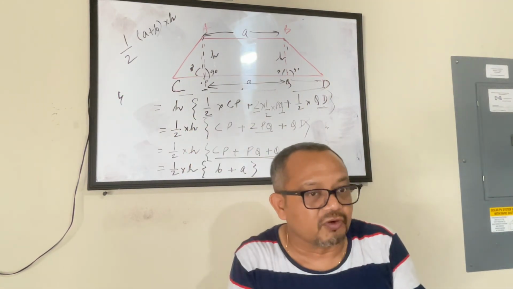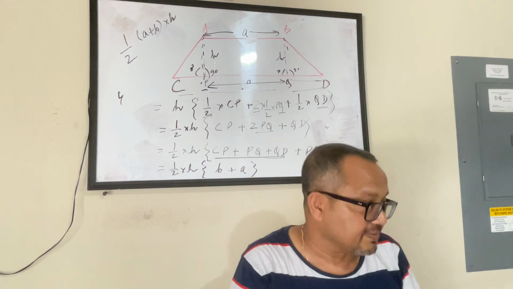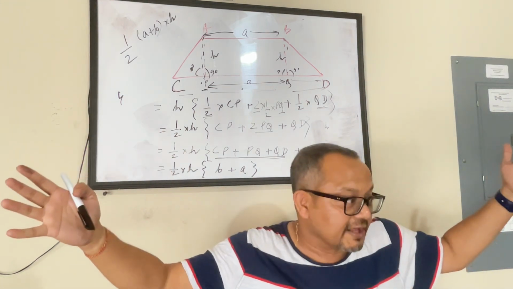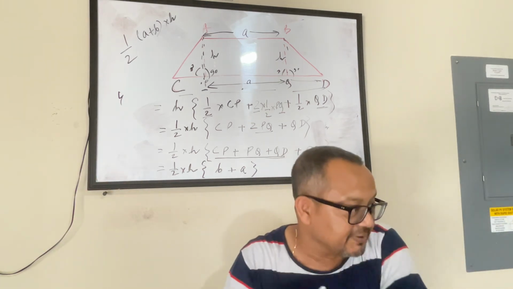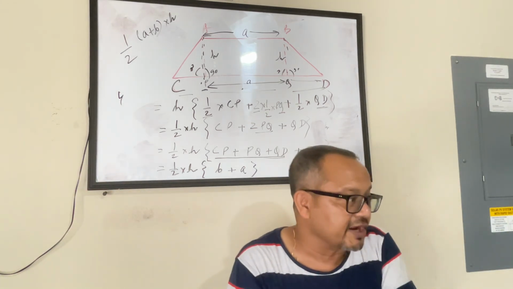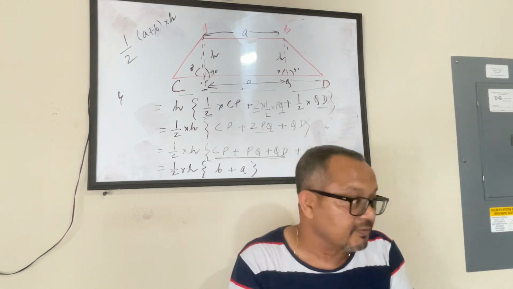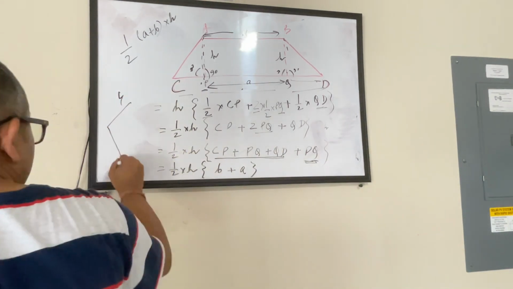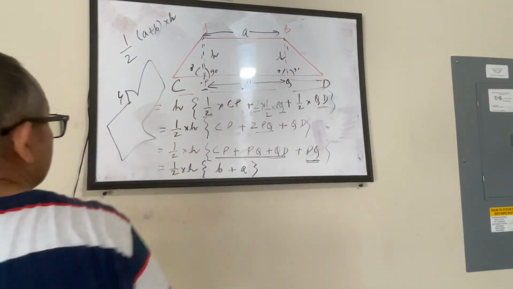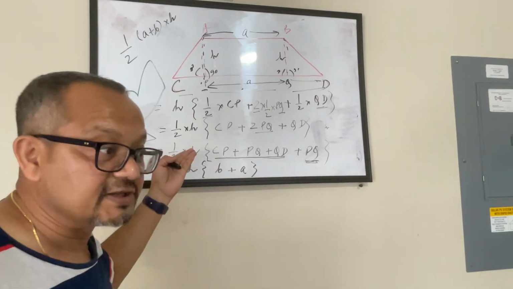That is what you will do when you deal with composite shapes. You have a complex shape, you break it into smaller pieces, find the area of the different pieces and add them together. That becomes the area of a composite shape. There is no formula that you will come across for a shape like this. Let's say somebody says find out the area of this shape. There is no formula just for this one.